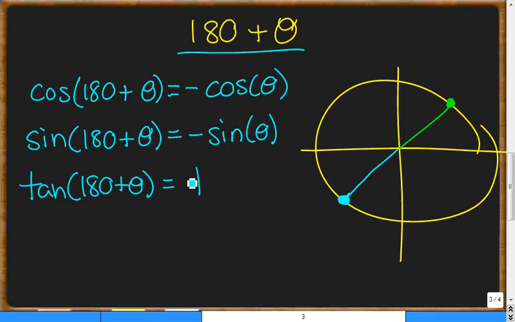The tangent of 180 plus theta is actually the same thing as tangent of theta. Tangent repeats itself every half rotation, as opposed to sine and cosine, which is very interesting. On opposite sides, 180 degrees apart, the tangent, or the slope, the symmetry of the angle, is the same.